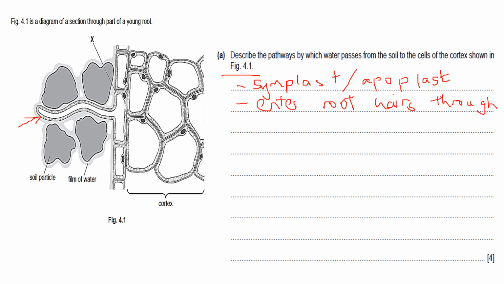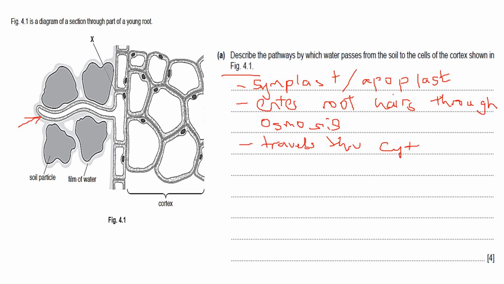And please write your words out in full. Don't write through as THRU. Water enters the root hair through osmosis, and then it travels through the cytoplasm of the root hair. So it travels through the cytoplasm. I'm about to write through the exact way I told you not to write it.